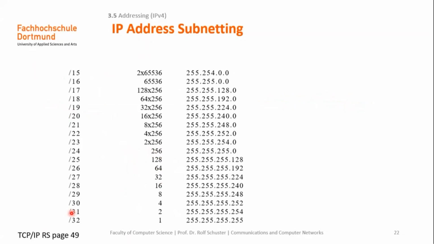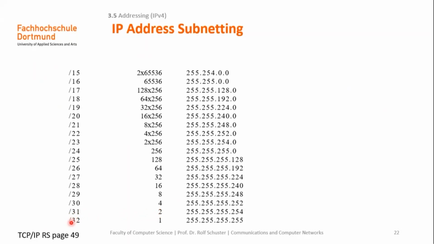Pay attention that the /31 could never be used, because in this way we only have two addresses in this range with the net mask of /31. One is the network address and the other is the broadcast address, and then we can't assign any host in a /31 network.